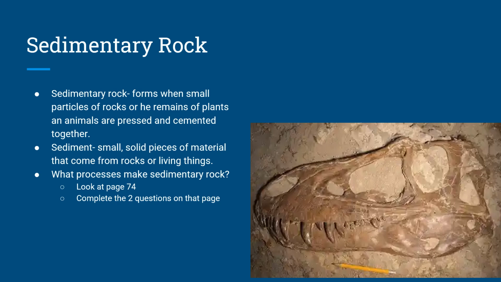Sediment is the small solid pieces of material that comes from rocks or living things. What processes make sedimentary rock? So we're going to go ahead and answer that question on page 74 and complete the 2 questions on that.